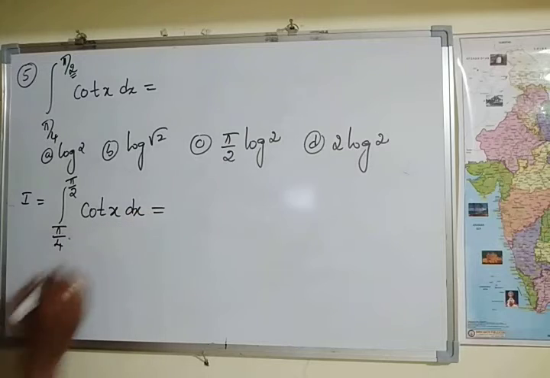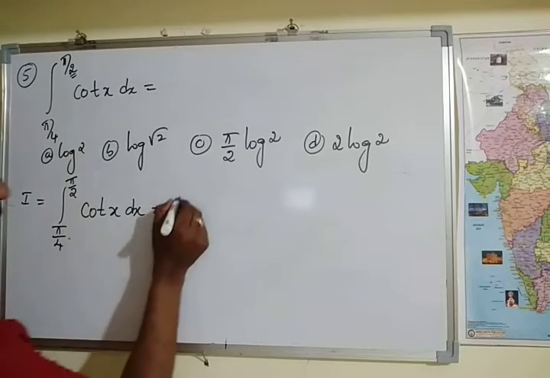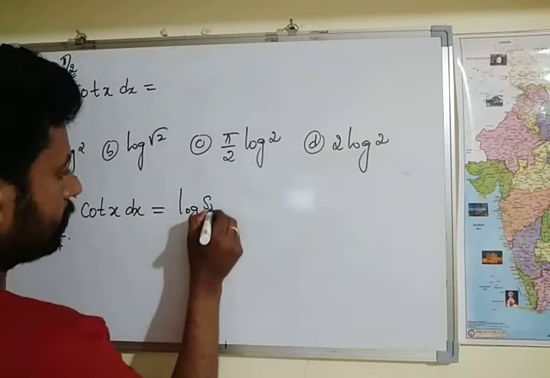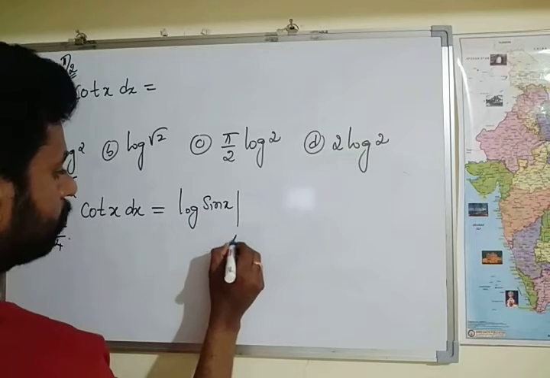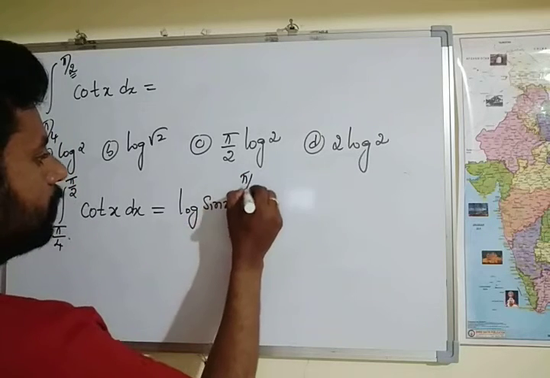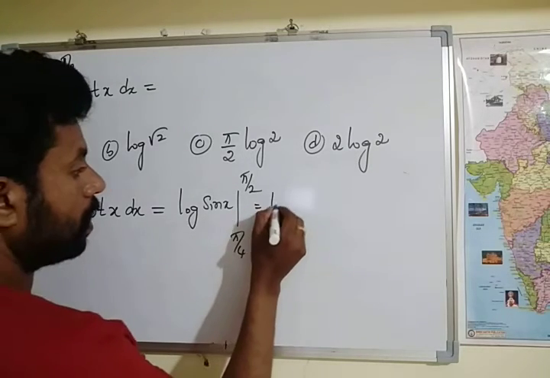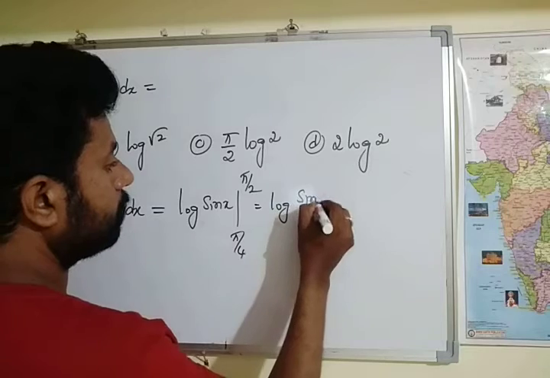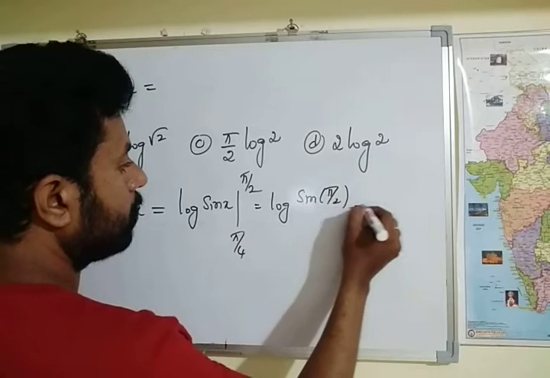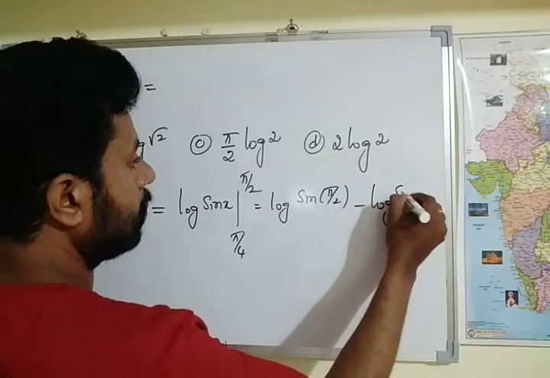So integral of cot x is log of sin x. Here pi by 4 lower limit, upper limit is pi by 2. Now substitute upper limit minus lower limit. Here we get log of sin of pi by 2 minus log of sin of pi by 4.